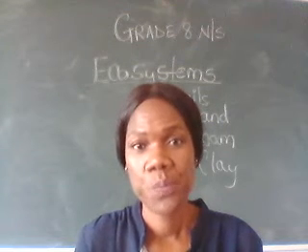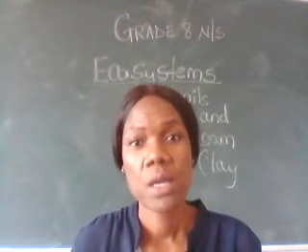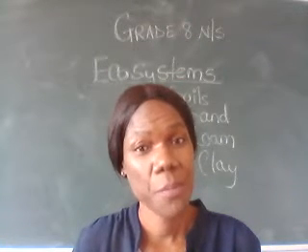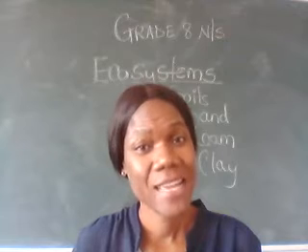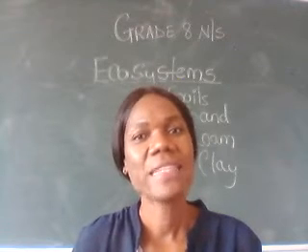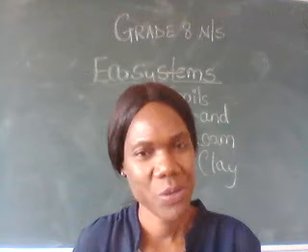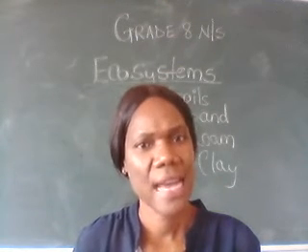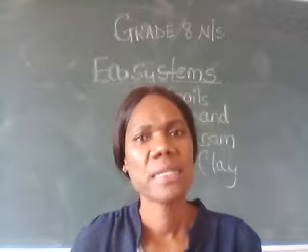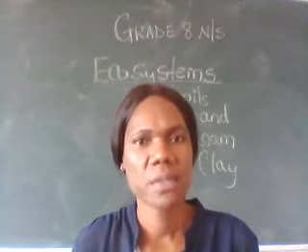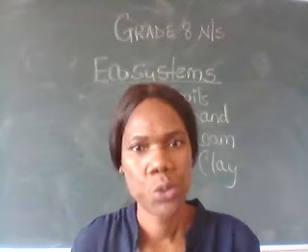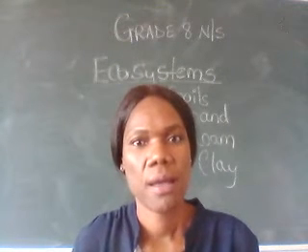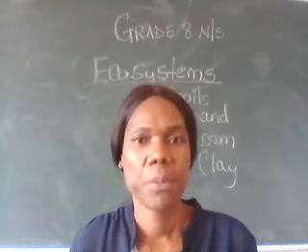So loam has particles of sand, which are very big, particles of clay, which are very small, and humus, which is stuck in between. So when it comes to particle size of loam soil, we say it's mixed. It's a mixture of those three that are brought together.